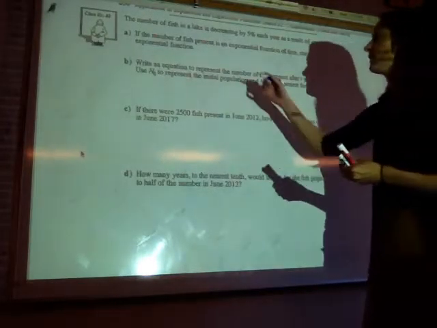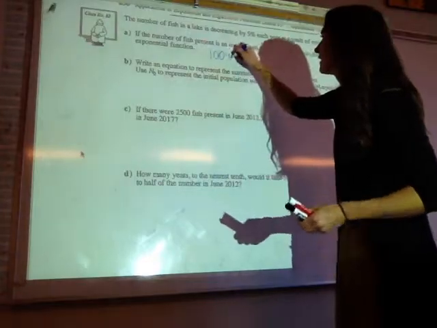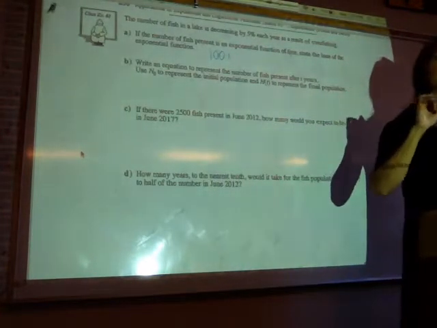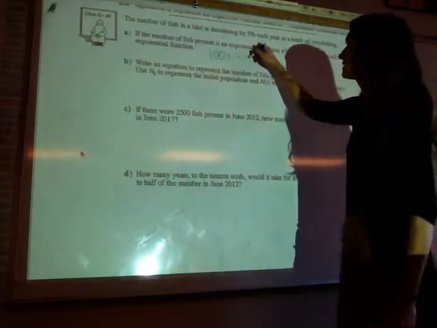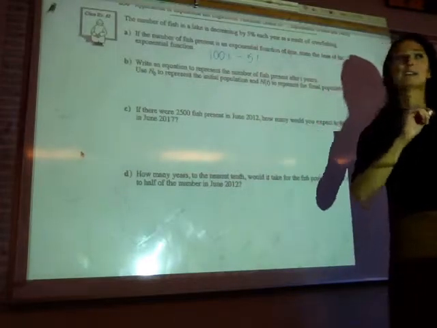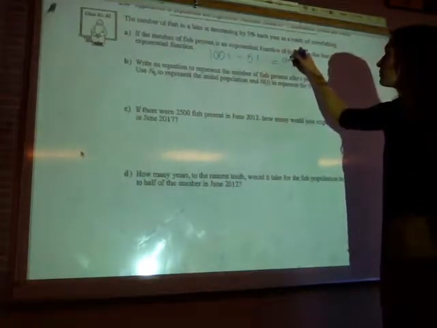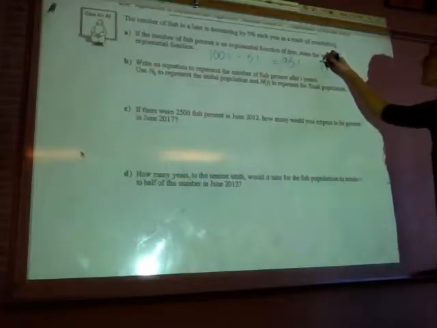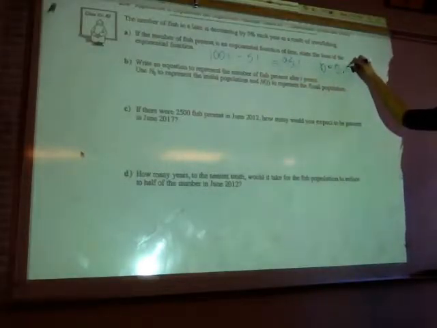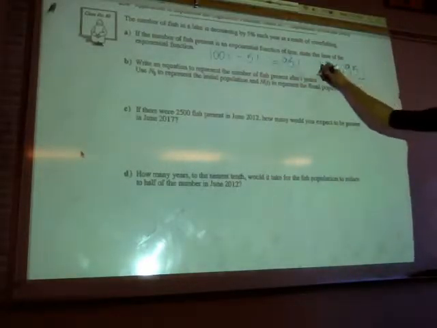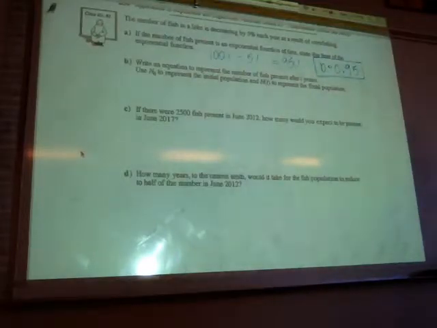At one point we had 100% of the fish in there, but now they've realized that 5% have been eaten, or they're out of the lake, so now we only have 95%. As a decimal, we write that as 0.95. Again, if we have a decay, your number will be between 0 and 1.